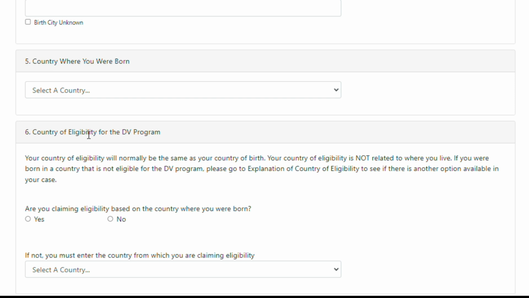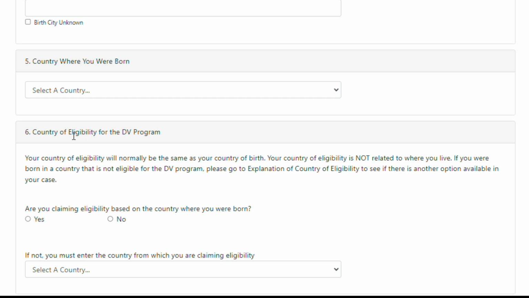If at the time of your birth, your parents were in a country that is not eligible at the moment, and therefore you were born in that country, but your parents are not citizens of that country, and they had not the permanent resident status of that country where you were born, then you can apply and claim the country of eligibility of your parents. I know that's clear now.